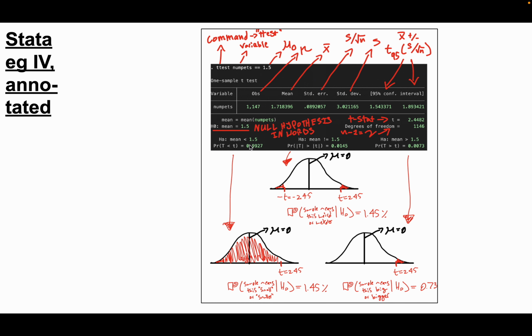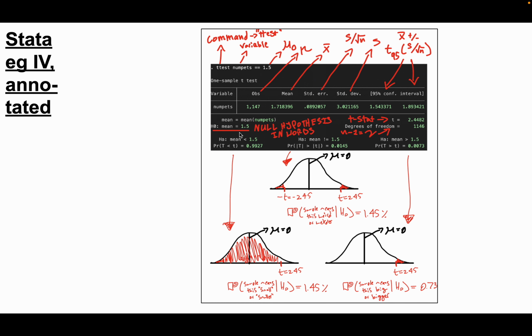Note that this could be a little confusing here. You want to pay close attention to this because this large p-value is actually not good. You want to train yourself out of thinking habitually, oh, bigger, better, great. What this is actually telling us is we have very strongly insignificant evidence that the mean is less than 1.5, because we found a test statistic that was much larger than the mean under the null.